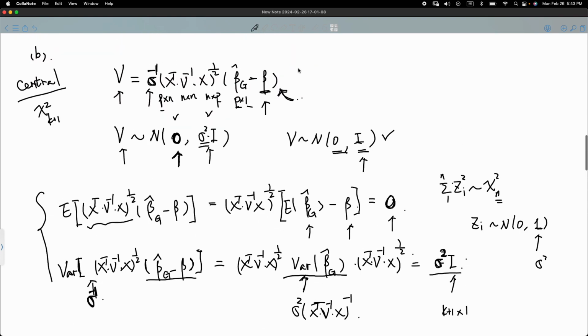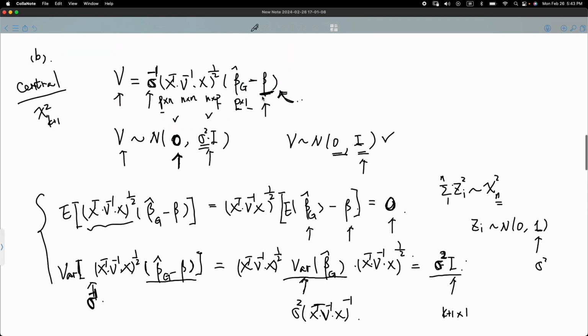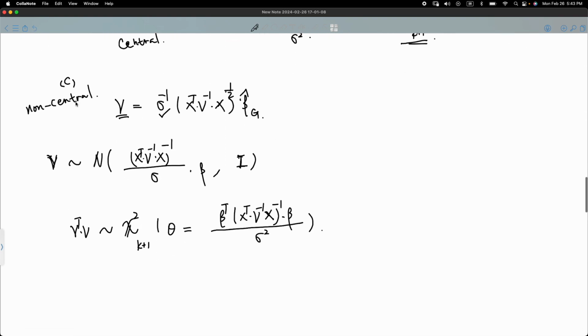As defined earlier, we center to 0 by subtracting beta. In part C we want a non-central version. So the only difference is that in this transformation, we do not subtract beta. We do not center toward zero, but we still have the same operation to standardize the covariance matrix. So we still end up with an identity covariance matrix, but this mu here is not going to be 0.